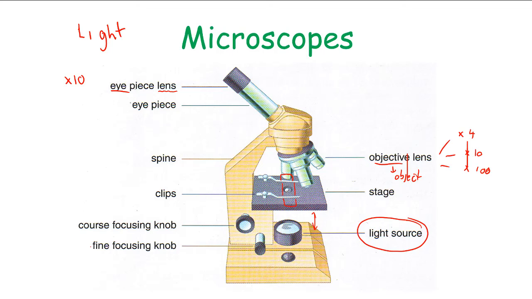We've got a coarse focusing knob and a fine focusing knob, and both of those move the stage to help focus the image. We've then got a light source which sends light upwards through the specimen here into the objective lens, up through the eyepiece lens and into your eye.